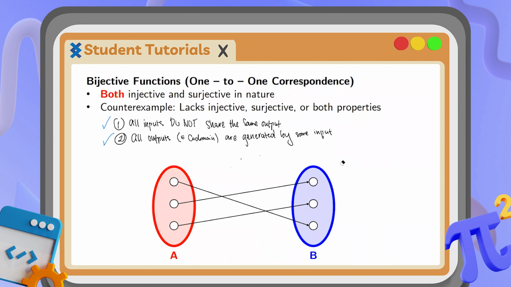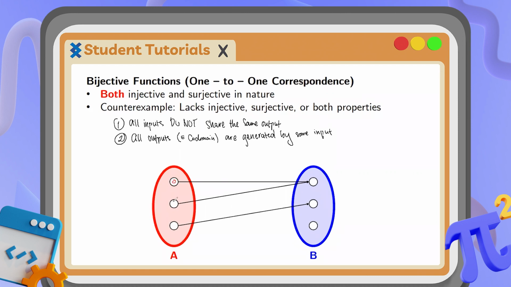So let's look at other examples regarding this. So here we have a function where we have inputs mapping to some outputs in the codomain. So notice how 2 inputs map to the same output.